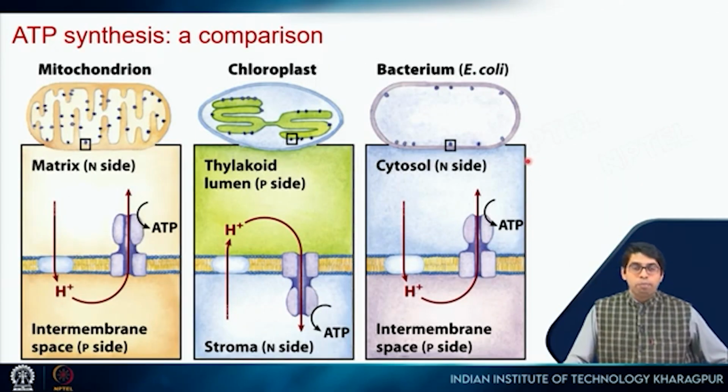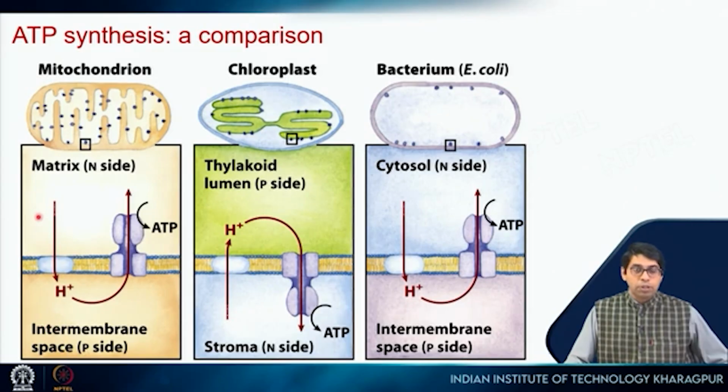So now we can compare the synthesis of ATP in mitochondria and chloroplast and also in bacteria, right. So this is mitochondria, this is chloroplast in plant cell, plant leaves, and this is a bacteria, okay. Now in this membrane, we have on one side the matrix and the intermembrane space.